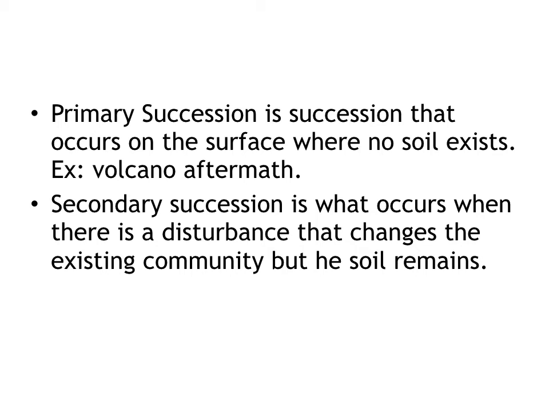So if there's like a forest fire, that's going to wipe out all of the trees and all of the plants, but you're still going to have that soil there. Okay? So primary, no soil. Secondary, soil. After primary succession reaches the grass stage, the two are really going to be the same throughout.